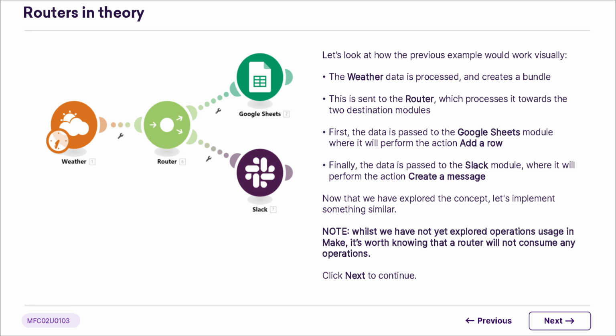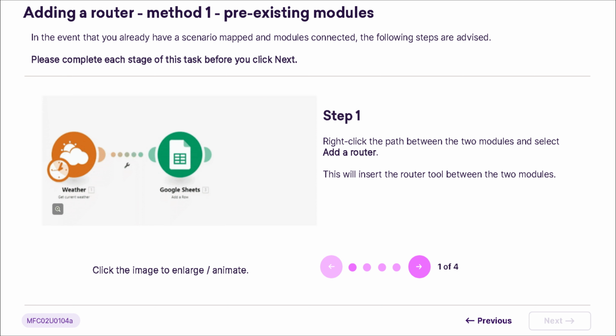Now that we understand routers theoretically, let's look at how to apply this knowledge in practice. In this step, we're going to integrate a router into your already mapped scenario. Imagine you've got a perfectly laid out process between two modules, and now you need to introduce a router for enhanced data flow management. To do this, simply right-click on the connection path between your two modules.